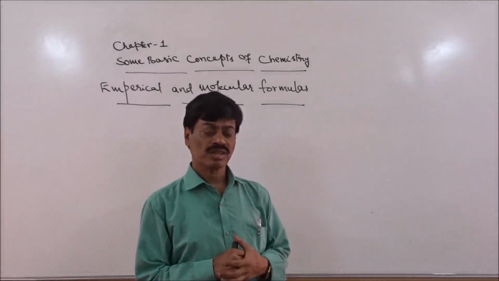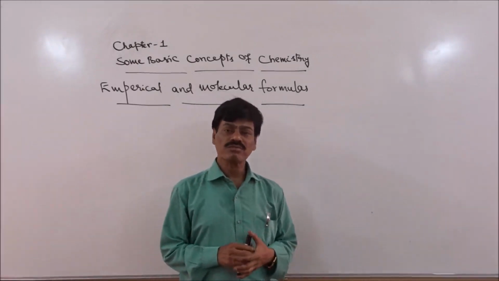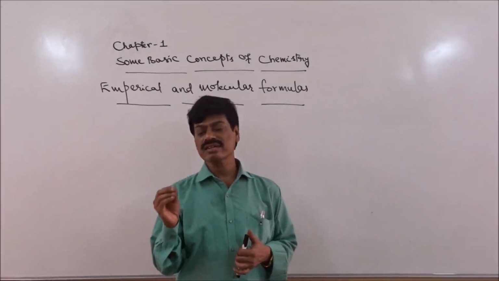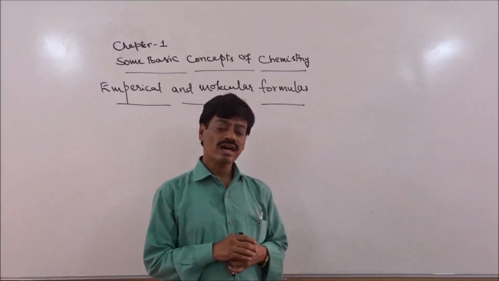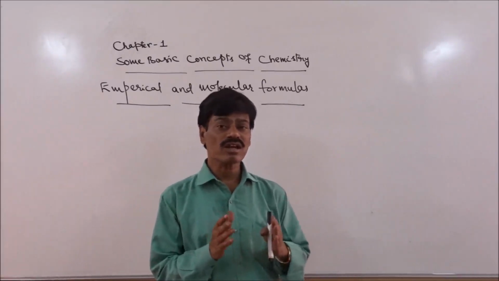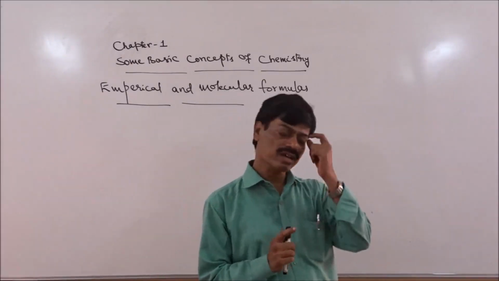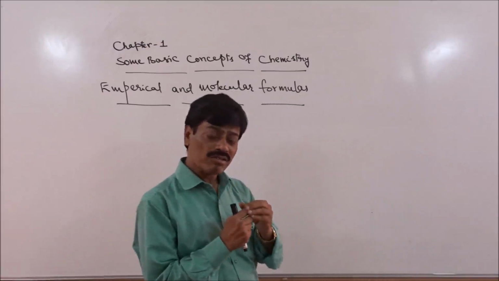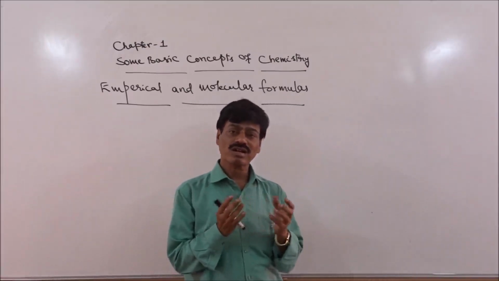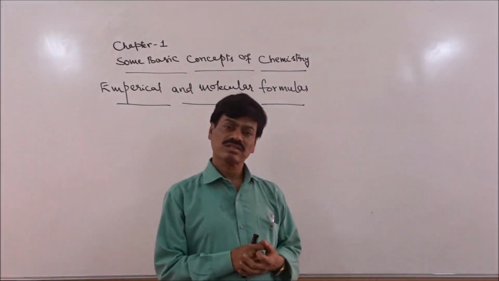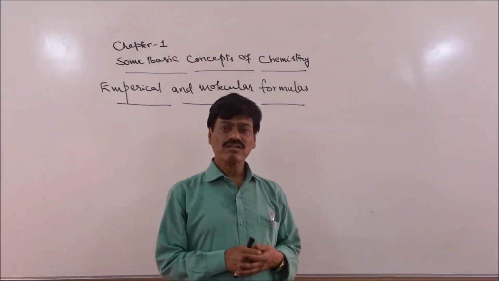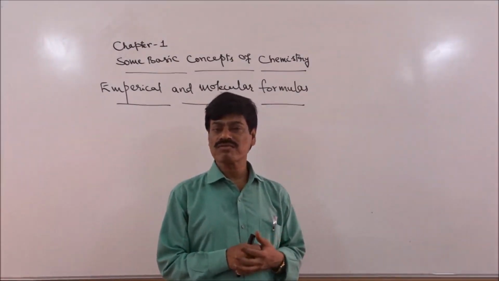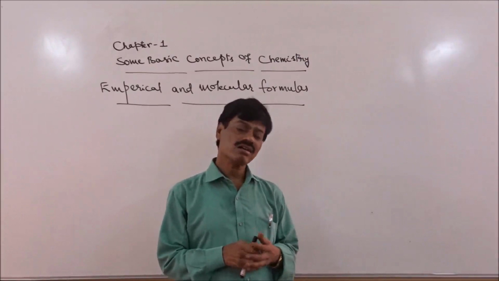Second point, if we know empirical formula mass and the integer n, then we can calculate molecular formula mass. That means, just like molecular formula and empirical formula are correlated, in the same way molecular formula mass and empirical formula mass are correlated.